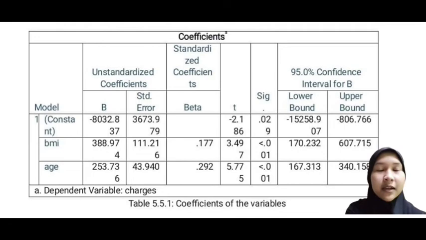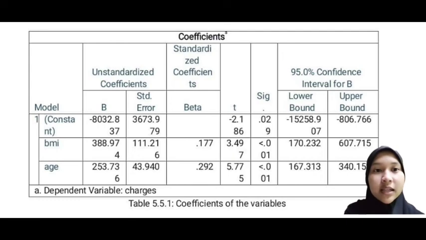At the 95% confidence interval, the lower bound and upper bound of BMI are 170.232 and 607.715, while the lower bound and upper bound of age are 167.313 and 340.158.